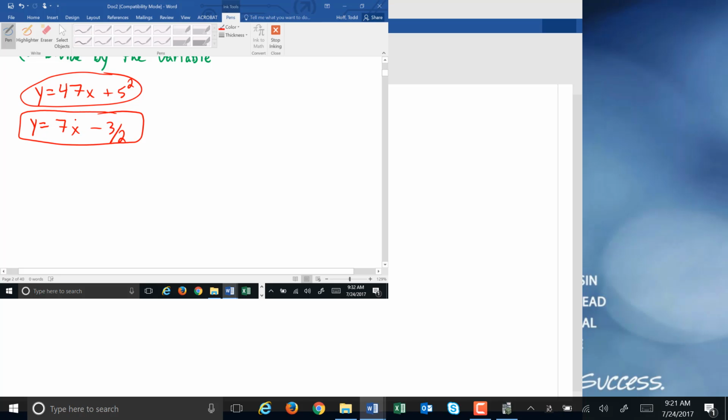There's division in it, but we're not dividing by the variable. How about that one? Not a line because it's x to the third. How about this one? There's division with the variable, but we're not dividing by the variable. Very good. That is still a line.